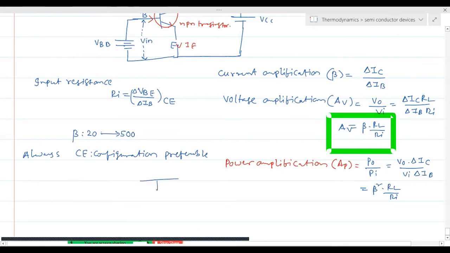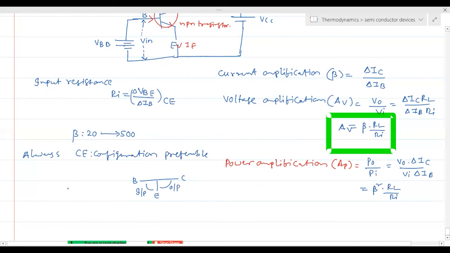I am taking common emitter. We have to write emitter at the junction. So this is the base and this is the C. Simply, this is the input and this is the output. So whenever we ask for beta, it is output current by input current, output meaning delta IC by delta IB.